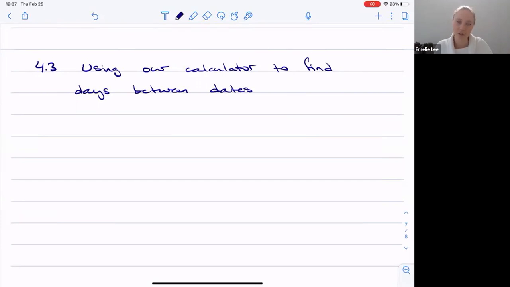I'm assuming you can do the same. These days between dates calculators are all online too, so you should be able to find something. But we do need to use them. So using our calculator to find days between dates, which we usually abbreviate DBD.